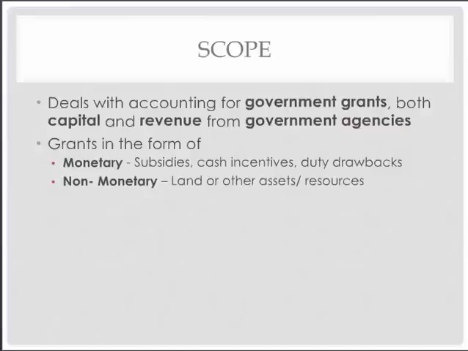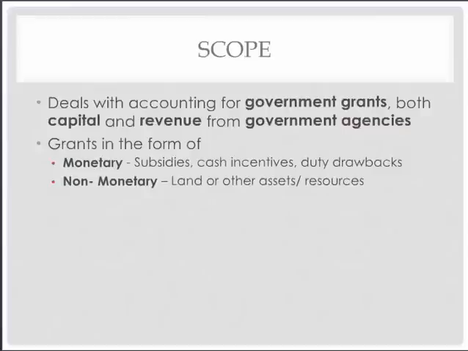This means grants received from private agencies or private companies are not covered by Accounting Standard 12. It covers only grants given by government agencies. Government agencies include domestic government agencies and also international government agencies. But it has to be a government agency. It cannot be a private agency.